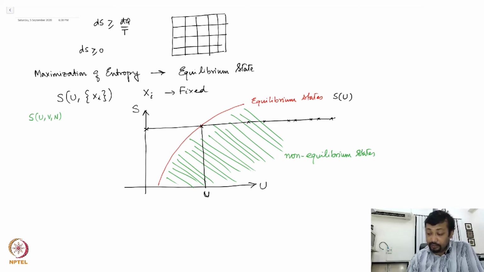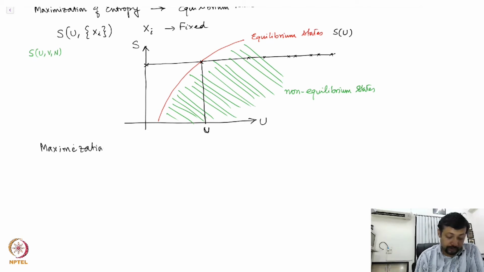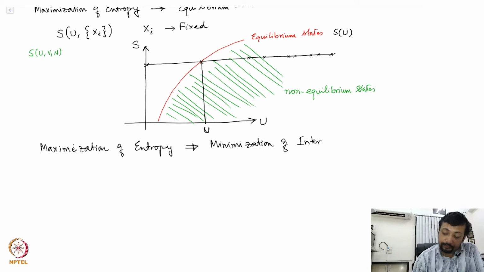In other words, essentially this means that your maximization of the entropy is equivalent to minimization of internal energy.